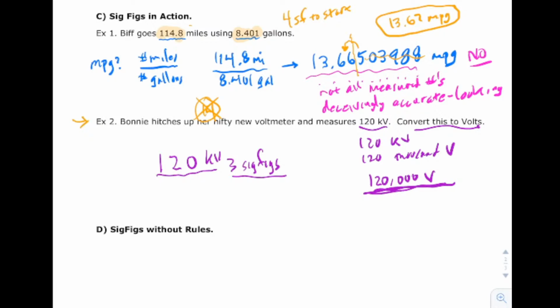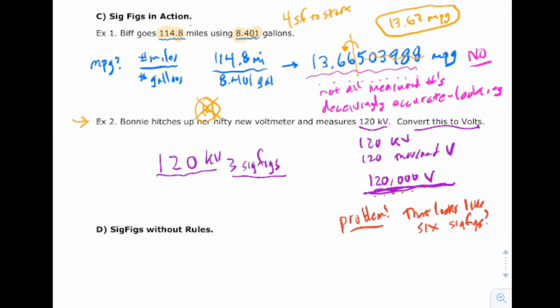Do you see a problem here? The problem is, that looks like maybe 6 sig figs. If you write down 1, 2, 0, 0, 0, 0, doesn't that look like 6 sig figs?